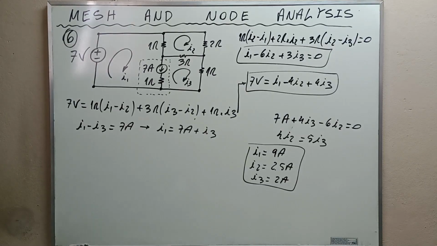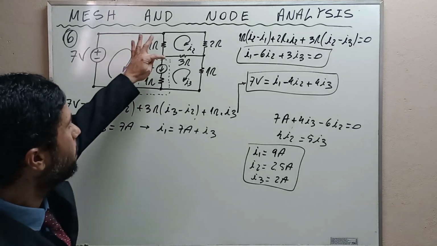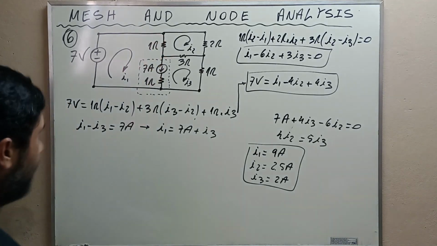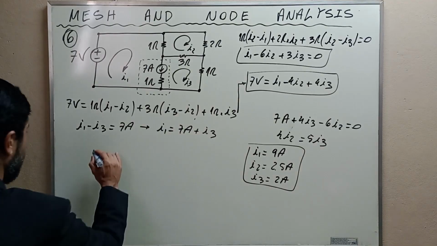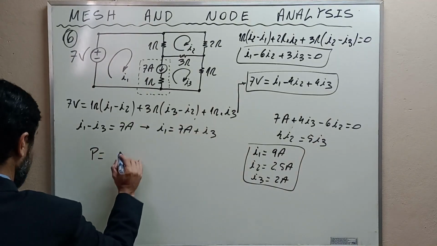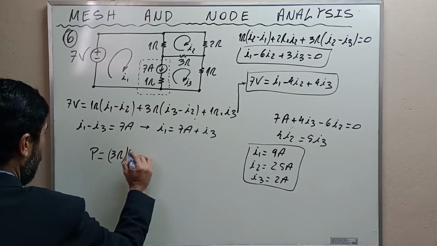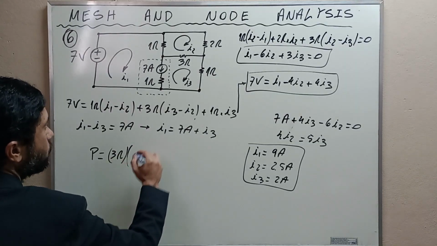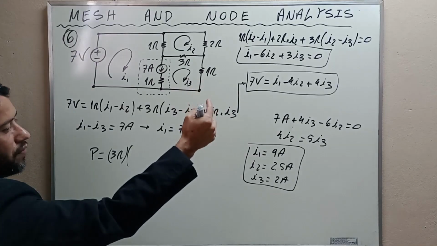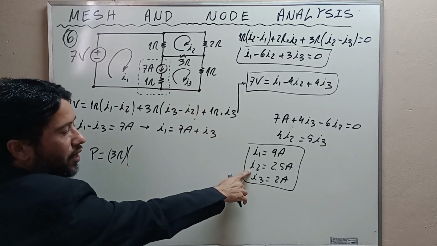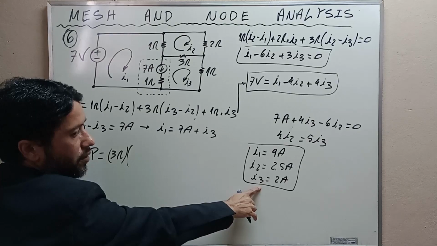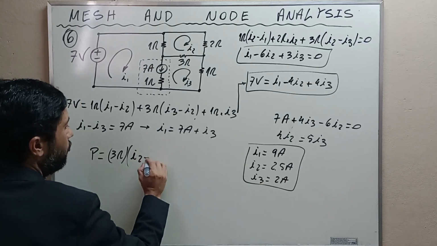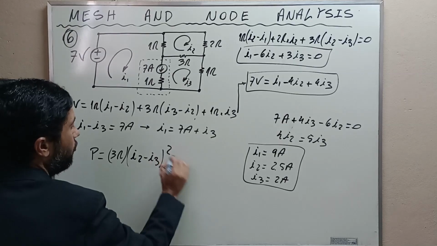The exercise wanted us to calculate the power dissipated in this component here, and we can calculate the power by doing this. It is 3 ohms times, see that I2 is greater than I3, so it is gonna be I2 minus I3 squared.